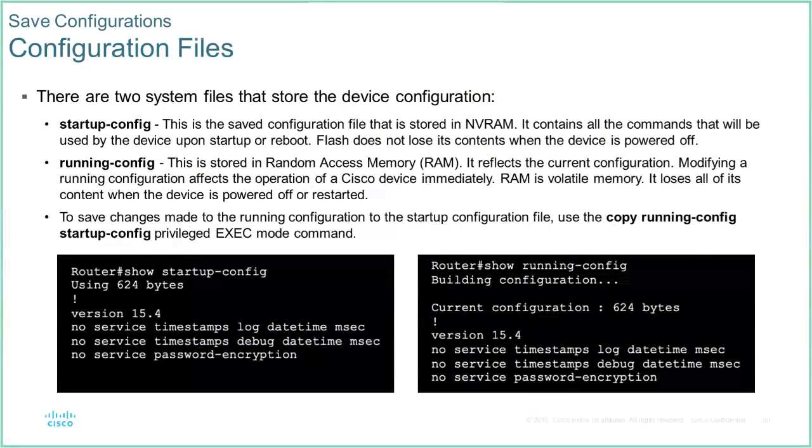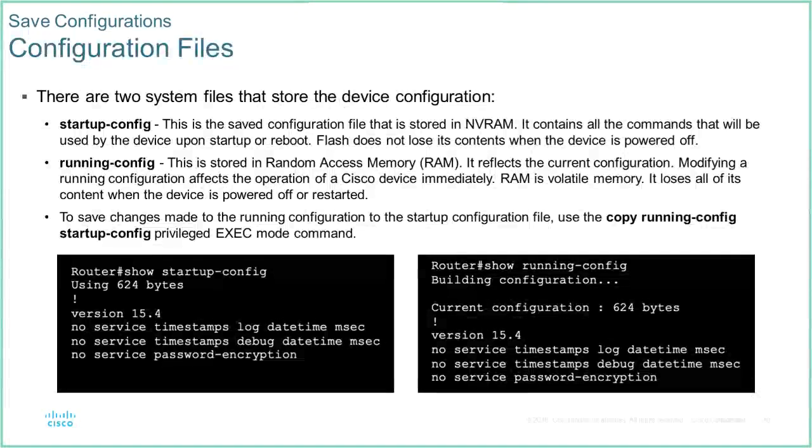You have a startup configuration, which is saved in NVRAM, and this is what is used when the device powers on. Your running config is in your RAM and is only valid while the device is powered.